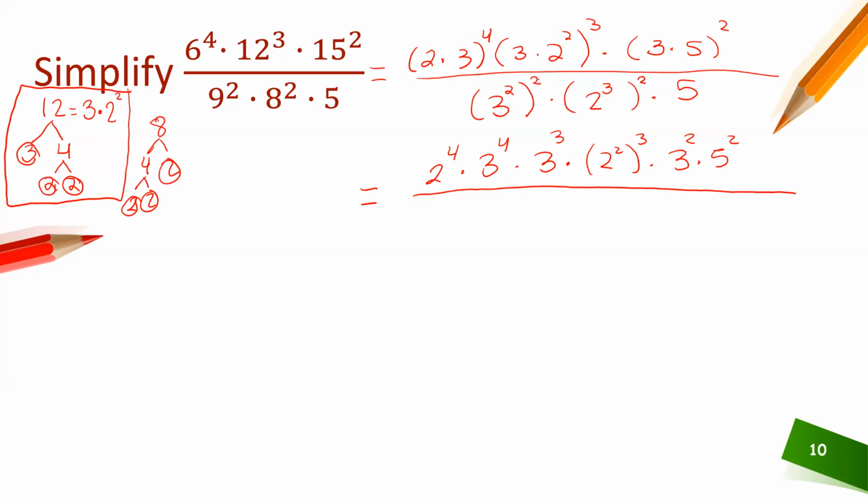That's property number 3. That said, when you have an exponential expression raised to another exponent, you would multiply the exponents. So that would now be 3 to the fourth power. And then 2 to the third raised to the second power is going to be, keep the base the same, multiply the exponents.